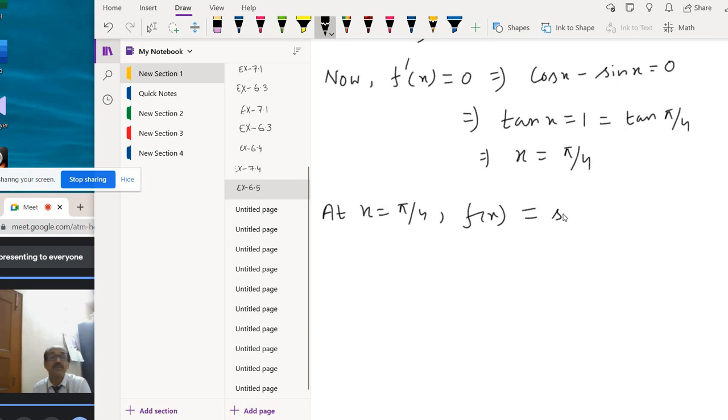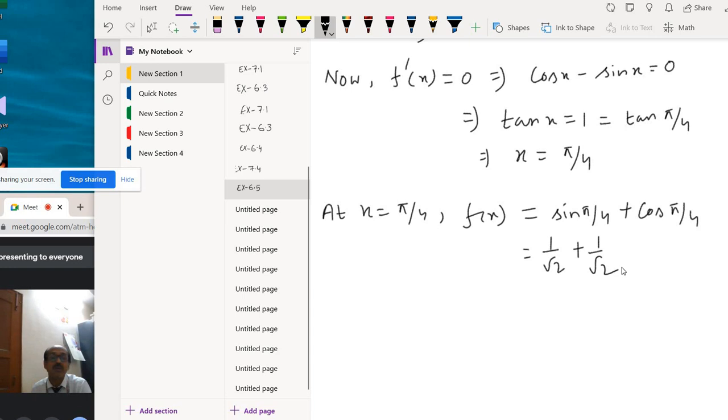Sin pi by 4 is 1 by root 2 plus cos pi by 4 is 1 by root 2, equal to 2 by root 2, which equals root 2. So at x equal to pi by 4 it is root 2.